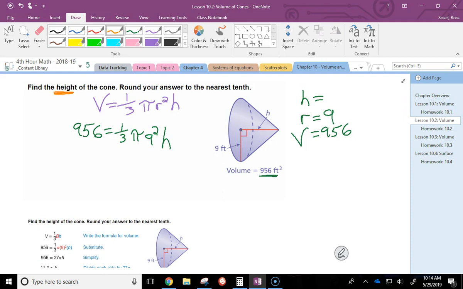Okay, to solve, 9 squared is 81, so I'm going to show this part. So 1/3 pi 81h.